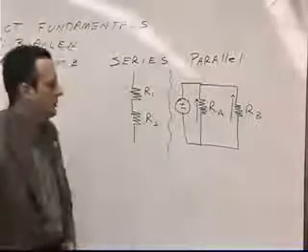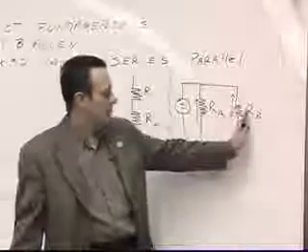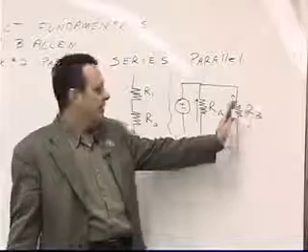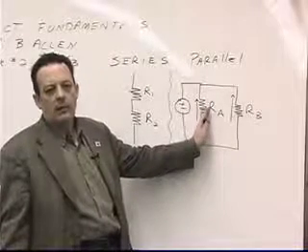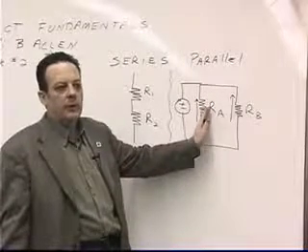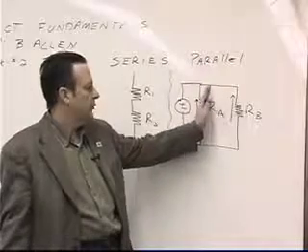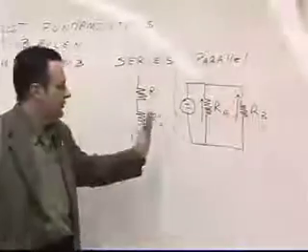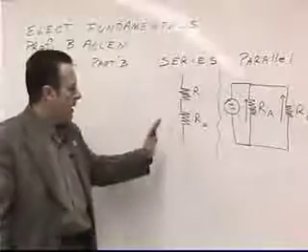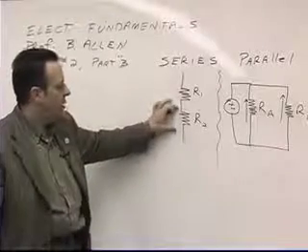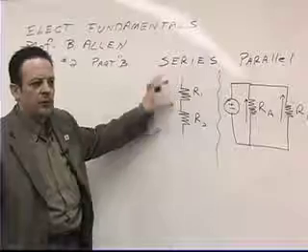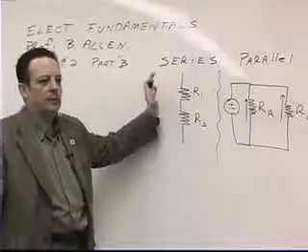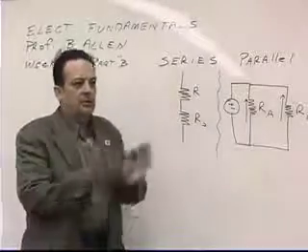Opposition to current flow. So if this has a lot of opposition to current flow and this has a lower opposition to current flow, then you would expect more of the current to flow here, less of the current to flow here. In a series configuration, it doesn't matter if this is 10 ohms and this is 1,000,000 ohms, the current is going to be the same through both of them, okay, because they don't have any place to split off.